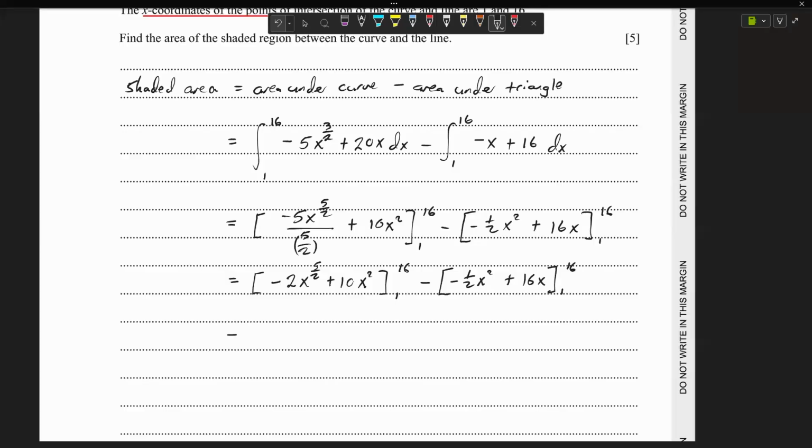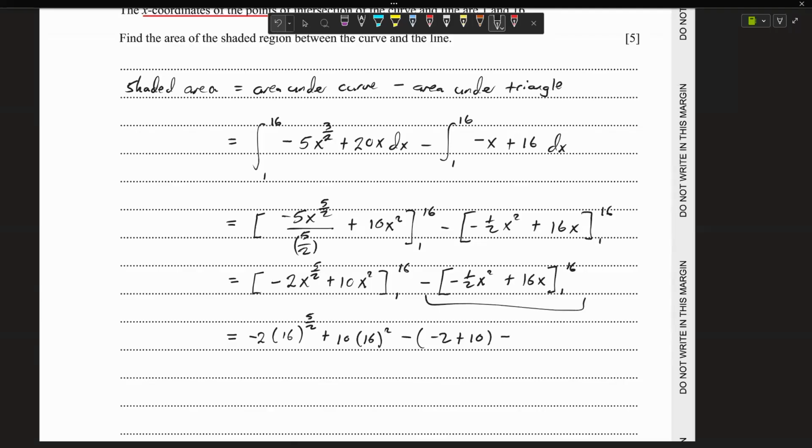Let's substitute now, starting with this piece. Substituting 16 will be minus 2 of 16 to the 5/2 plus 10 of 16 squared, and that's going to be minus, substituting 1 into it gives us minus 2 plus 10.